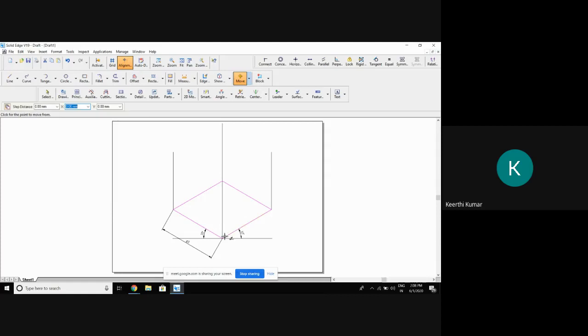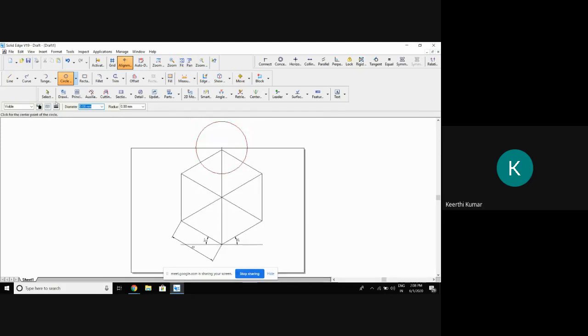I'll show you. First I'll draw and I'll show you. Later on I'll explain how to draw that. Can you see this?